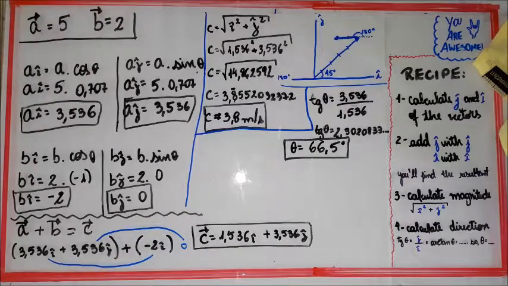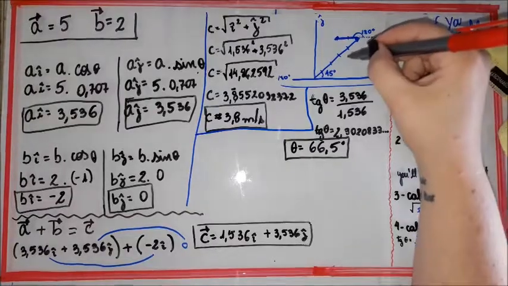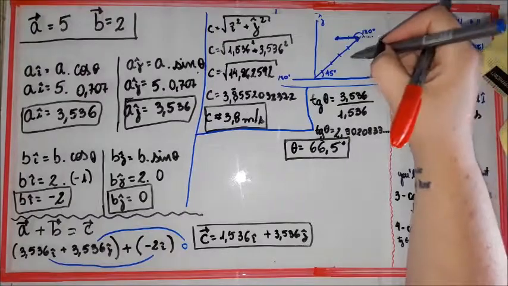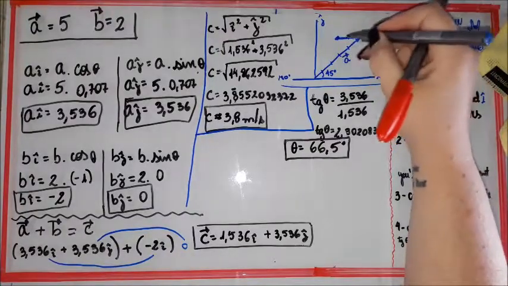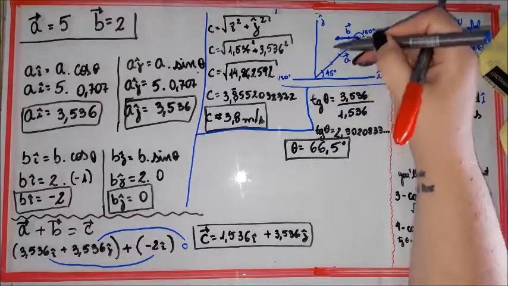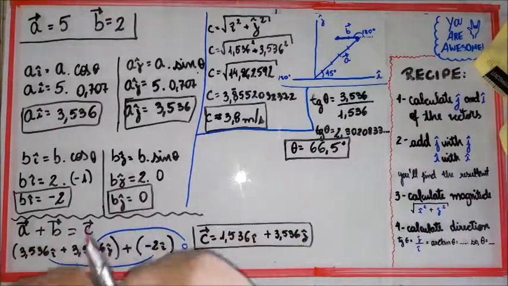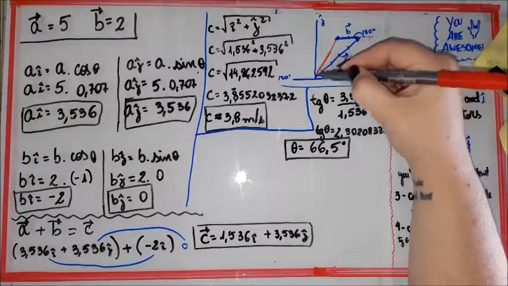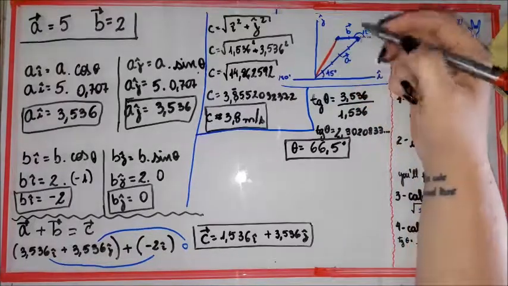Let's draw our new vector. So this one is the A vector, remember? A vector, B vector, and C vector is here. This is the C vector.